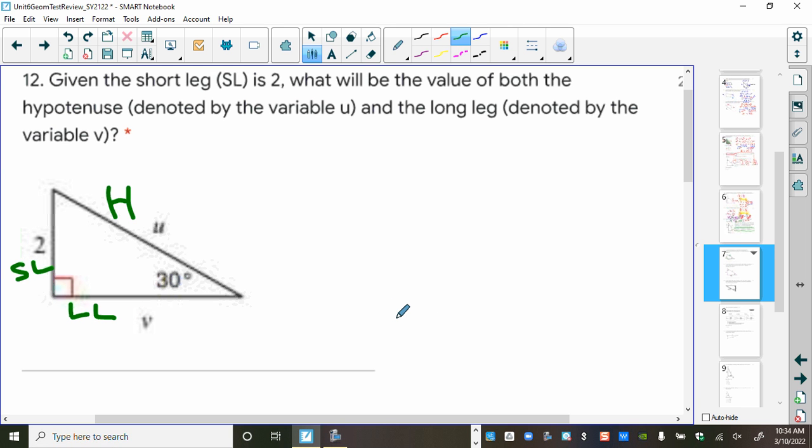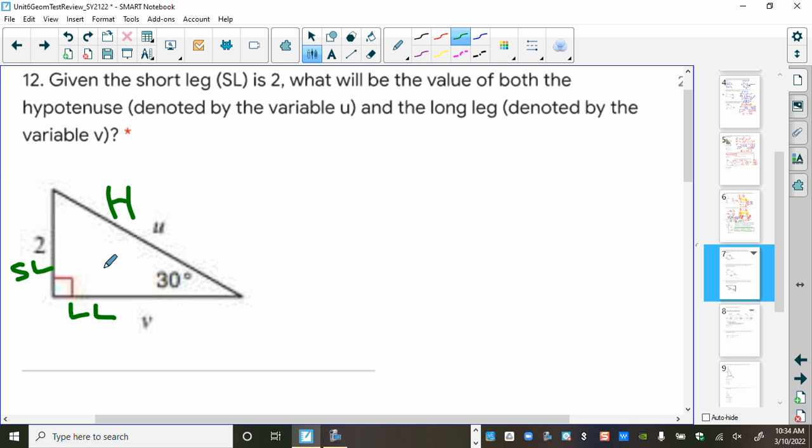All right, now we need to figure out from the other page which two of the three ratio proportions we will use. Well, right away, which value or which side has a value? Is it long leg, short leg, hypotenuse?